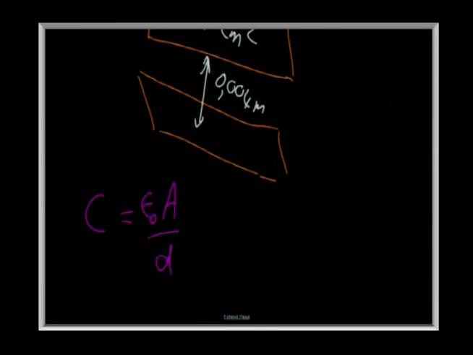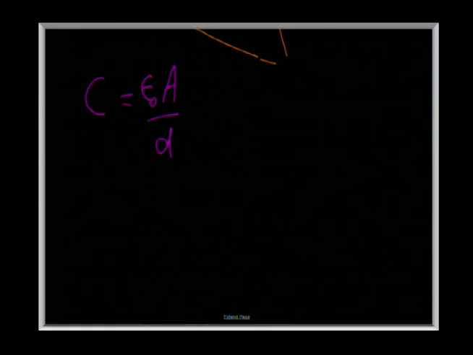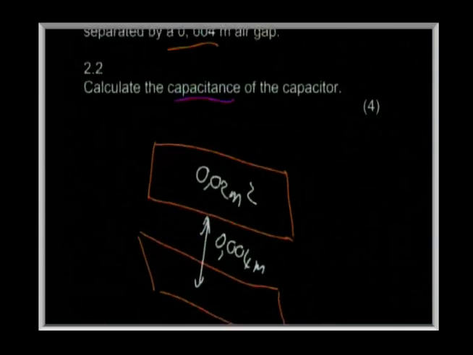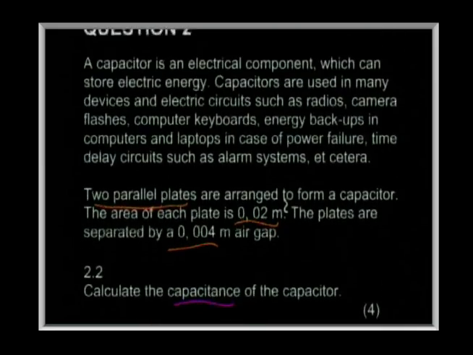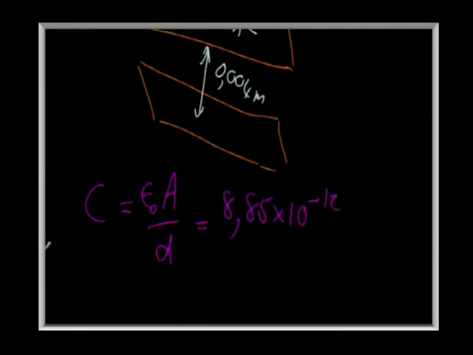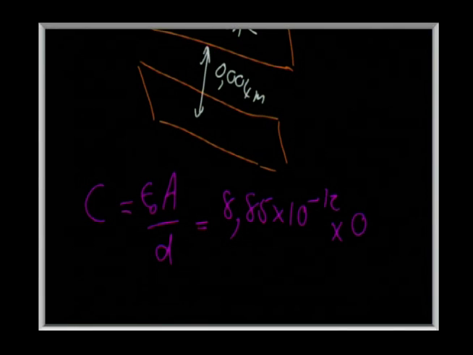If we substitute these values in, look on the data sheet for the permittivity of free space. It's 8,85 times 10 to the minus 12. And now we've got area. The area was 0,02 meters squared, so we're going to times that by the area, 0,02 meters squared.